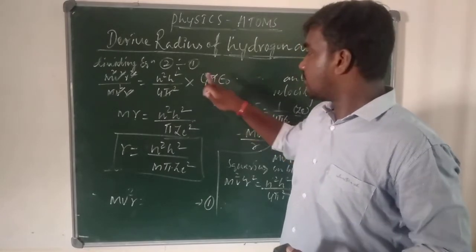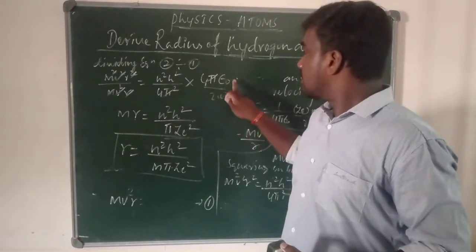Here 4 pi square and 4 pi get cancelled, leaving epsilon naught.